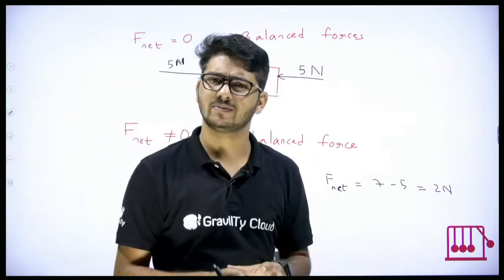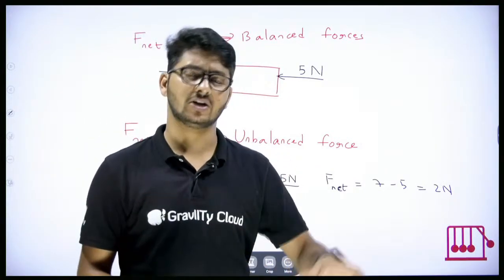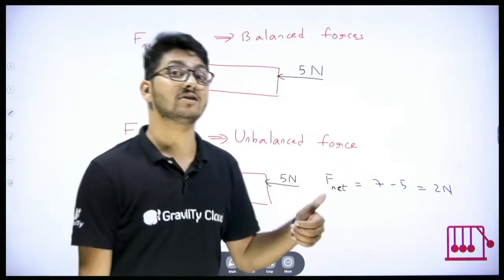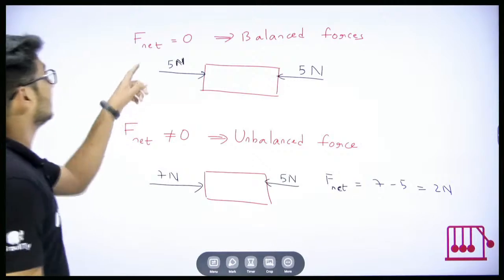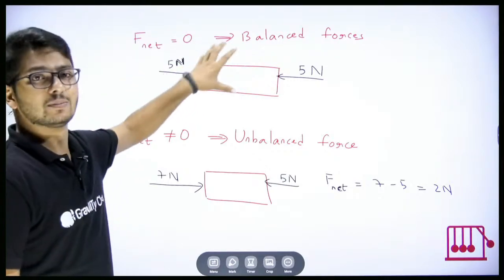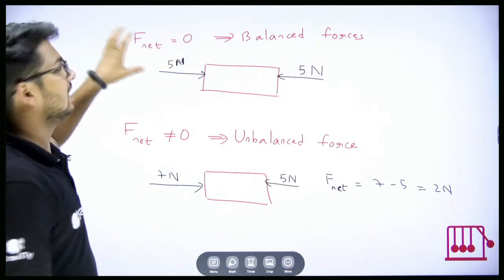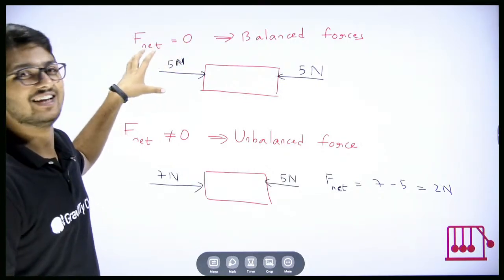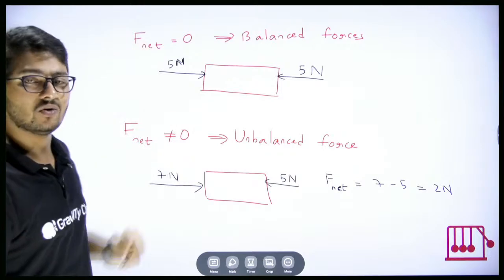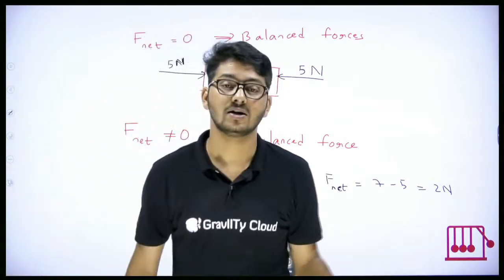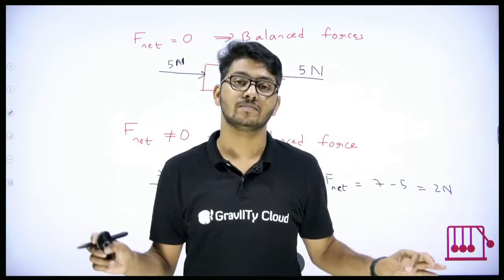Now what is the main difference between them? One, in terms of net force, we understood. Then in terms of the effect, what does the force do? In the first case, where the net force is 0, will the object move? It doesn't. Balanced forces do not change the motion.